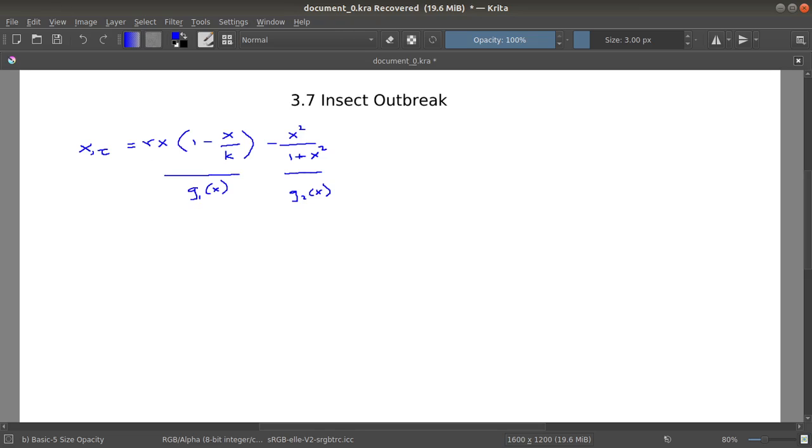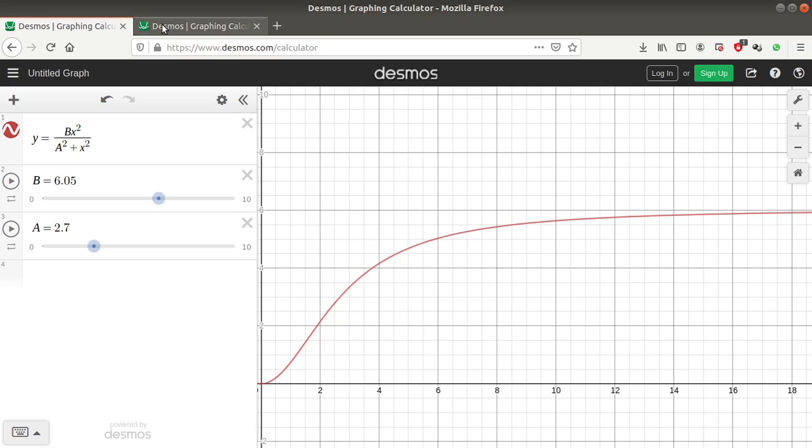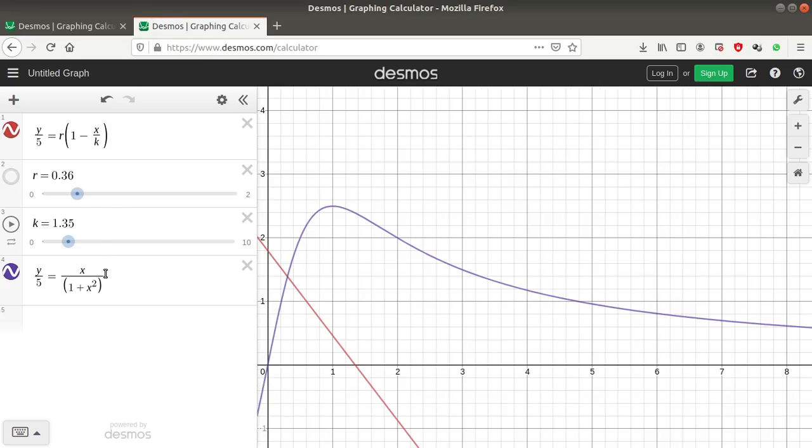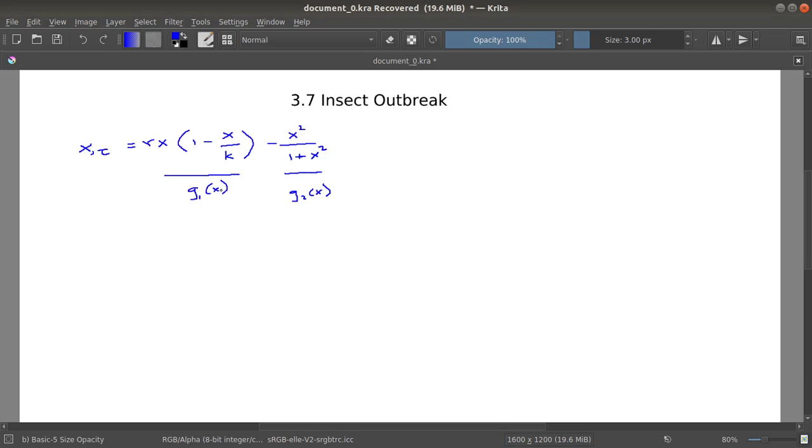So if I plot those two things, this is what I will get. So this is my x-axis, and this is my function g1. No, that's not the function g1.